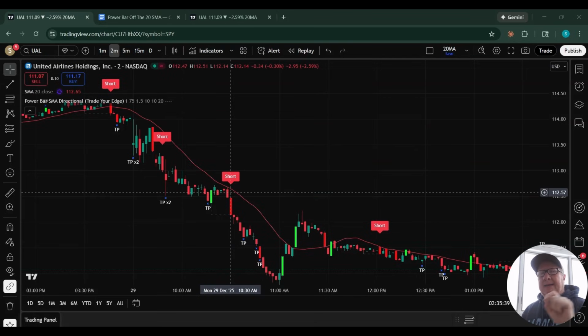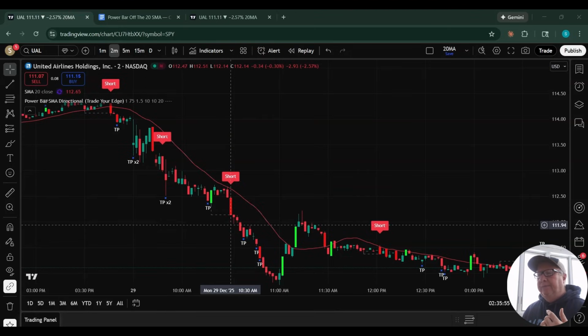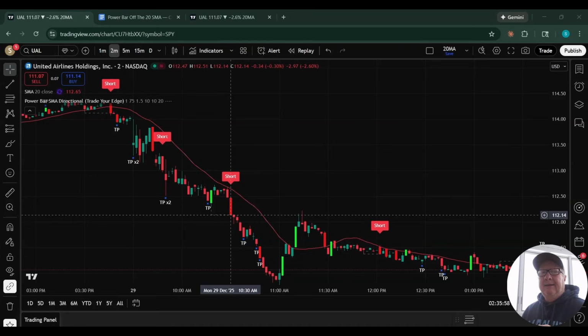It's translating prior price action, which makes it secondary data when you're talking about real-time market moves. The power bar is interpreting the move as it's happening, right? It's primary data.